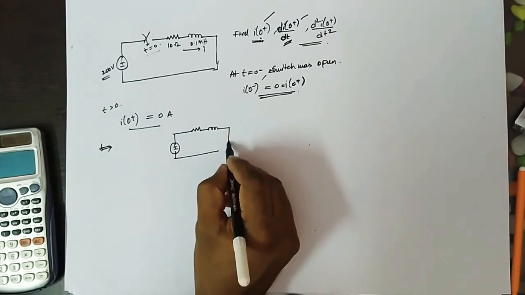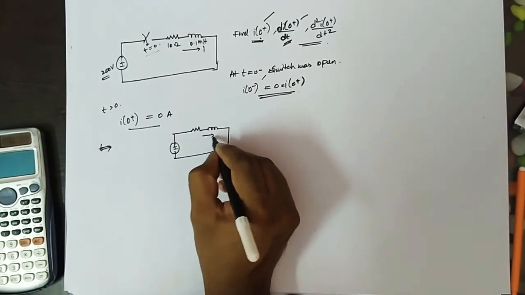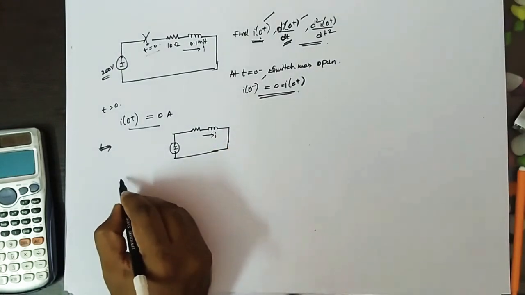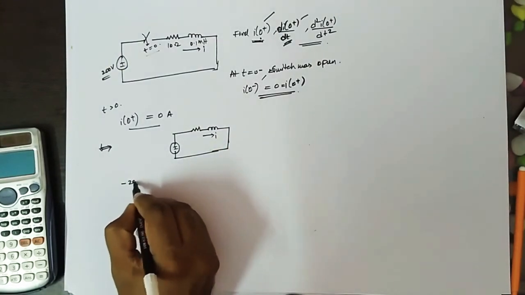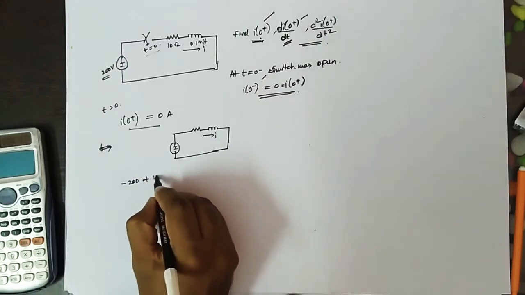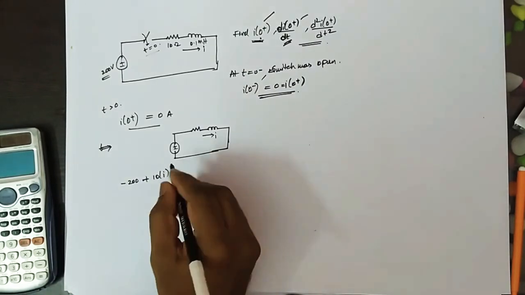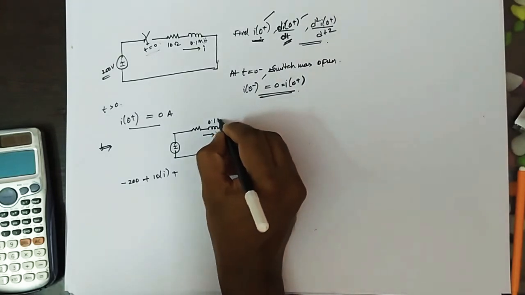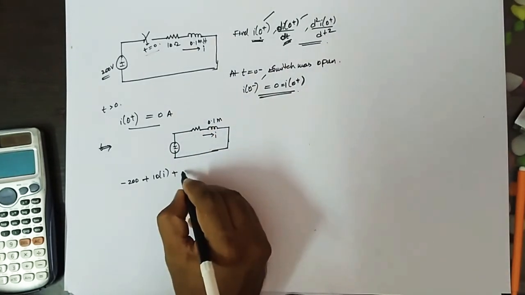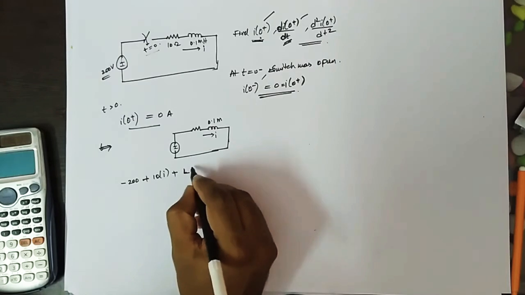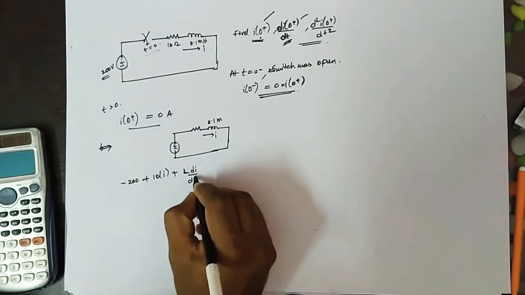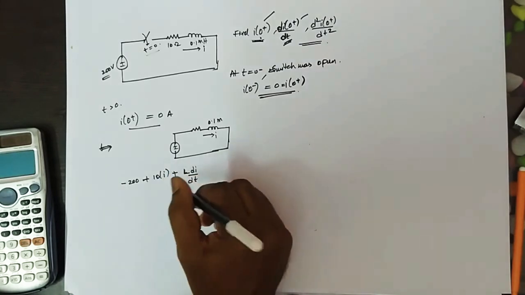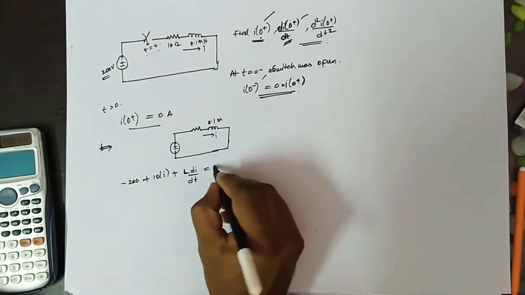Now write the KVL equation: minus 200 plus 10 into I plus 0.1 millihenry, so L di by dt, equal to 0.